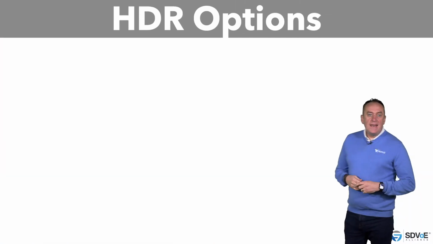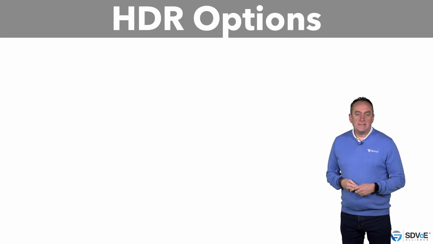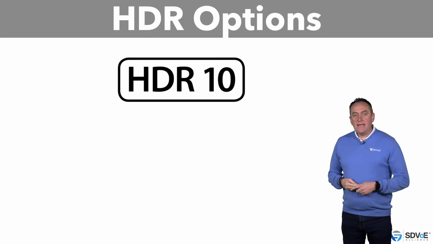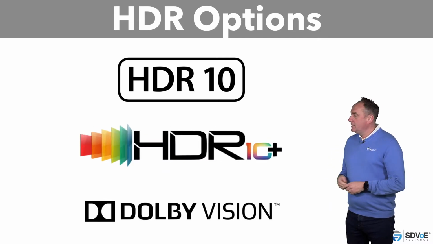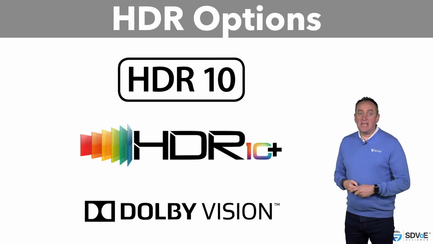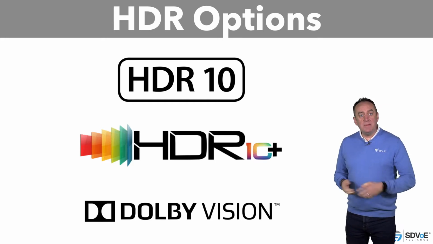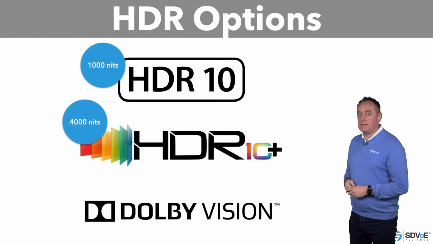To begin with, let's remind ourselves of the three methods that HDR can be implemented: HDR10, HDR10 Plus, and Dolby Vision. HDR10 and HDR10 Plus are commonly used today to increase the brightness levels of an image to 1000 nits and 4000 nits respectively.